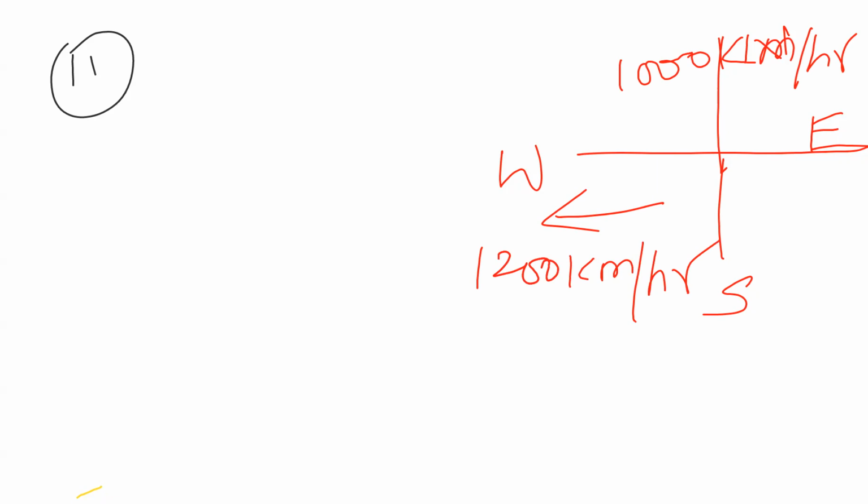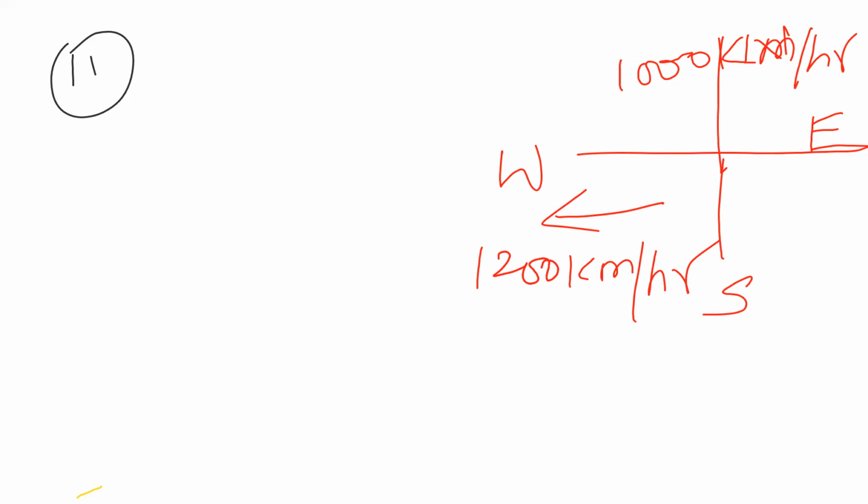Clear? One is flying toward north, one is flying toward west. Now, how far will be the two planes after 1.5 hours? So you have to find the distance between these two planes.